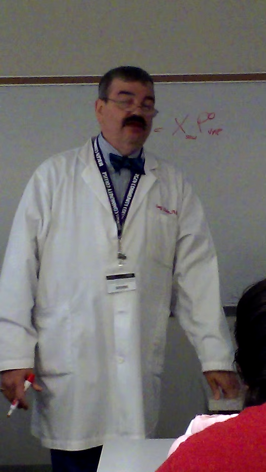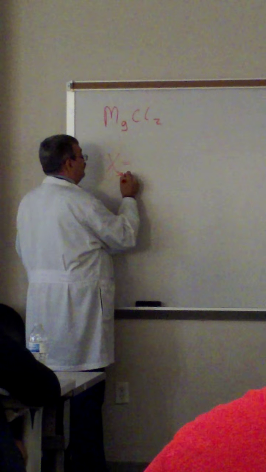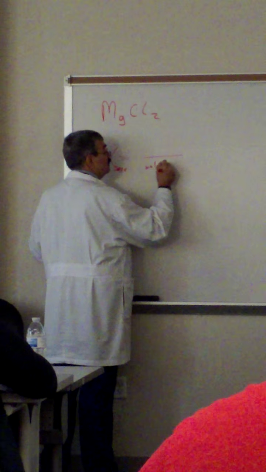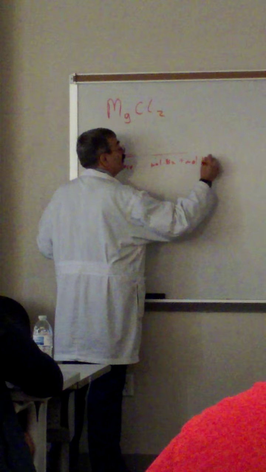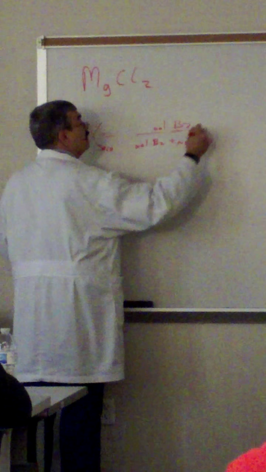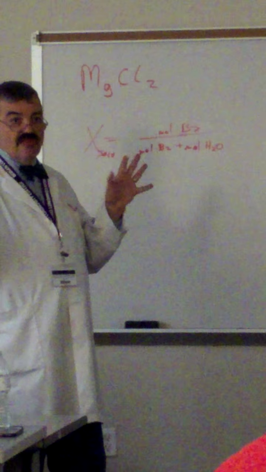Benzene is most abundant. So what is the solvent? Benzene is the solvent. So the mole fraction of the solvent is going to be moles of benzene plus moles of water, and up here you put moles of benzene. That's the mole fraction of the solvent.